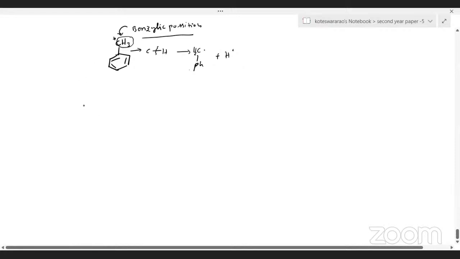Now this undergoes photoreduction with benzophenone.